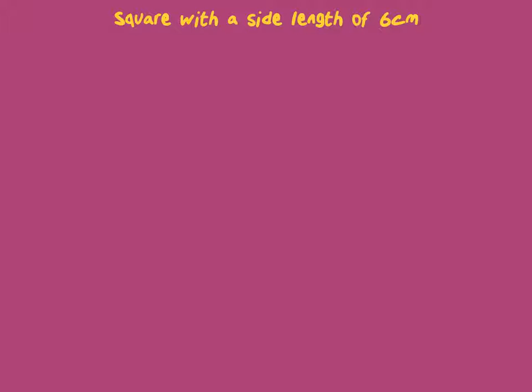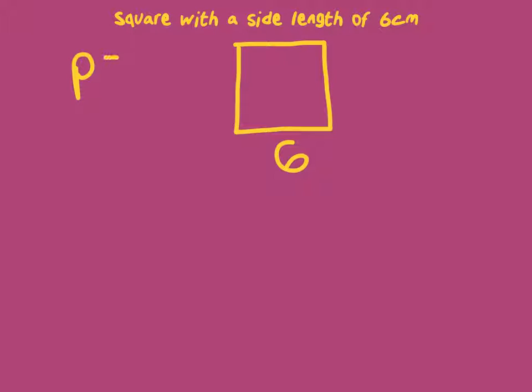And our very last shape. We have a square with a side length of 6. Now, hopefully, I don't have to say this, but I'm going to say it anyway. We need to find the perimeter, and we need to find the area, but we only have one number. What are we going to do?